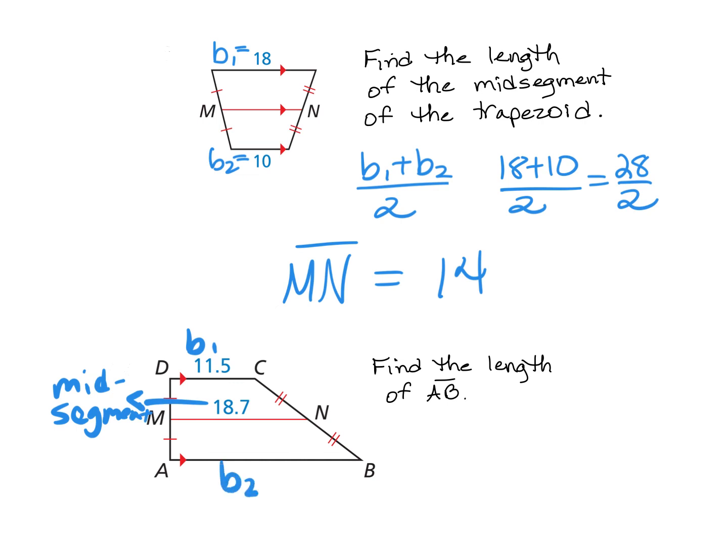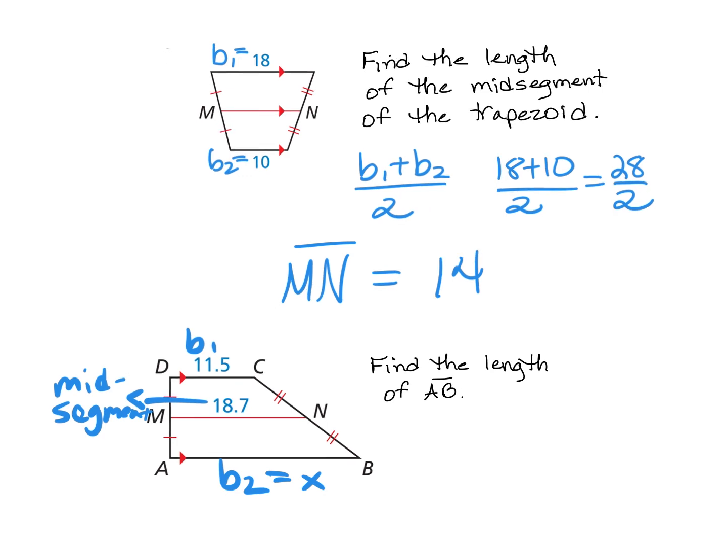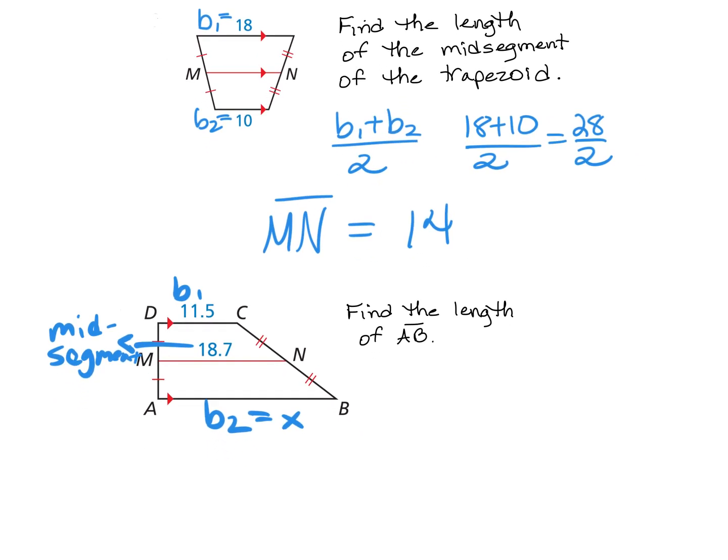I'm looking for the base 2. And I'm going to call this X. So I'm going to go ahead and plug it into the formula. 11.5 plus X divided by 2 equals 18.7.